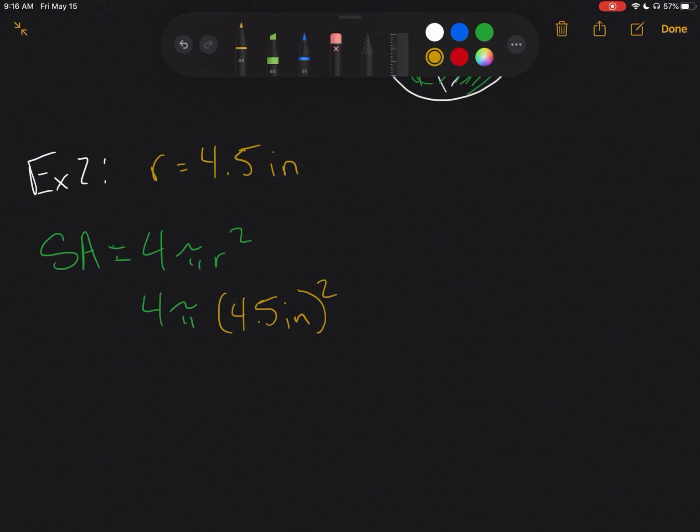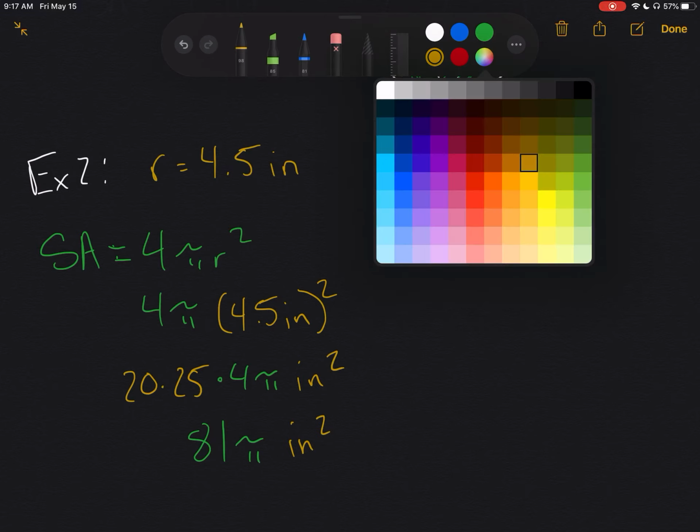So once again, I'll simplify. 4.5 squared is 20.25. So 20.25 times 4 pi, and that's still in inches squared. And 20.25 times 4 will give us 81. 81 pi inches squared, and that would be our exact answer, okay?